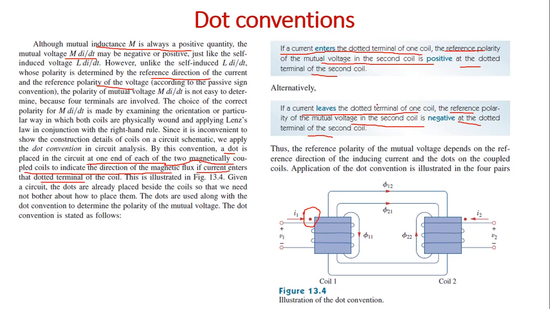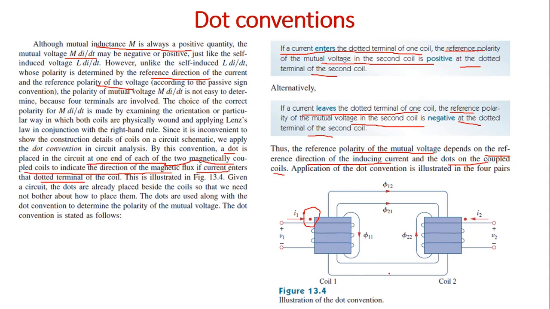Now according to these two rules, we will be assigning polarities to the induced voltage, mainly the mutual voltage. Here the reference polarity of the mutual voltage depends on the reference direction of the inducing current and the dots on the coupled coils. Application of the dot convention is illustrated in four pairs, which we will be seeing later.